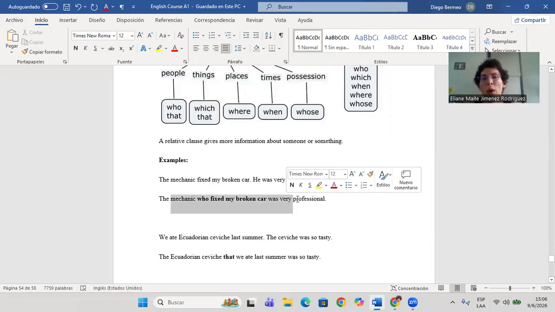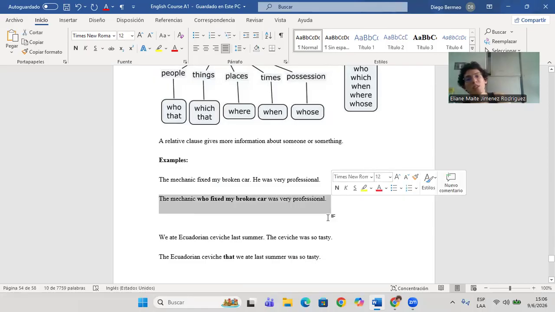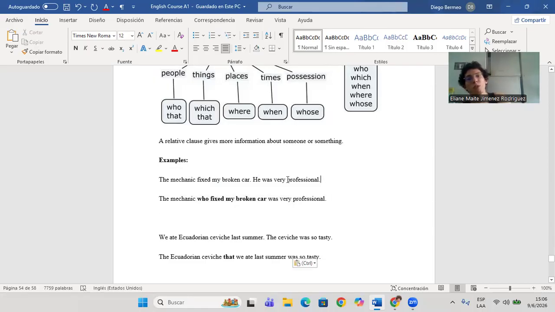This sounds way more advanced. And instead of generating two sentences, what we are doing is one single sentence, and that makes sense and sounds good, and it's very advanced. So I truly recommend you to start using this so that you save more time when you are writing and you sound way more natural.